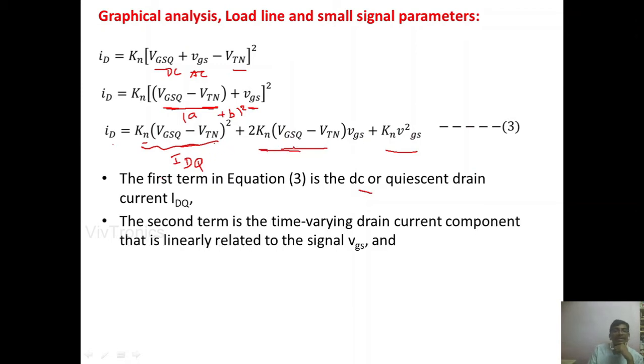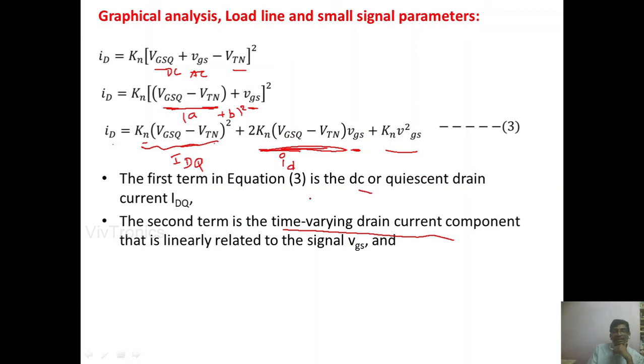If you see, the second term is a time varying drain current component that is linearly related to the signal VGS. So here, up to here, it is the DC component, 2 Kn into (VGSQ minus Vtn), that is multiplying with some AC component VGS, which will give you the time varying drain current component, which means the time varying current ID.